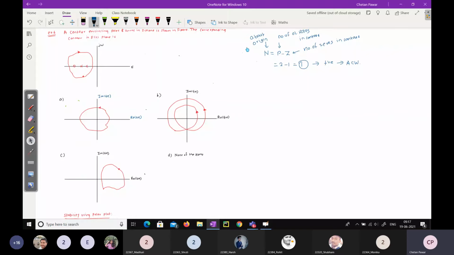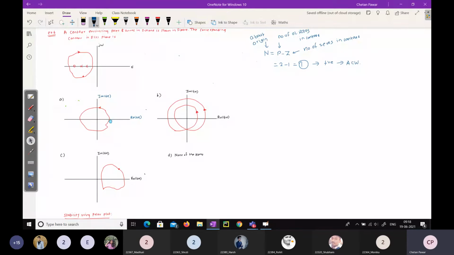So which is the correct option now? Option A will be the correct option, because as we have found out, the number of encirclements will be 1 about the origin, and that will be in anti-clockwise direction.